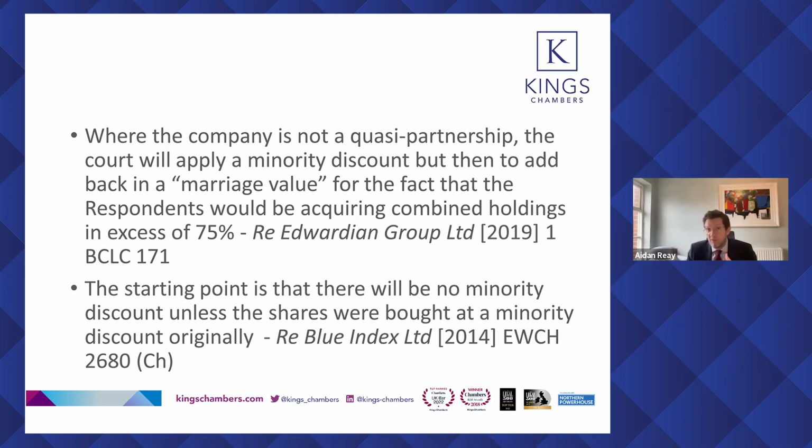You then have two more recent cases. In Re Edwardian Group, it was said that where the company is not a quasi-partnership, the court will apply a minority discount, but then add back in a marriage value.